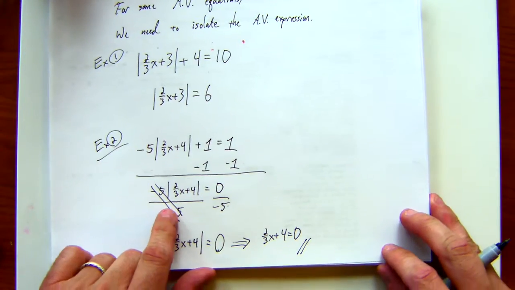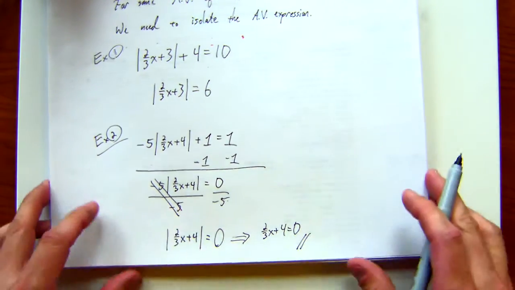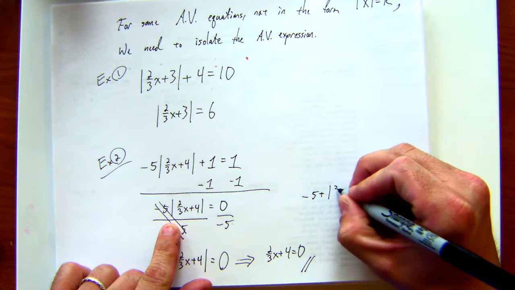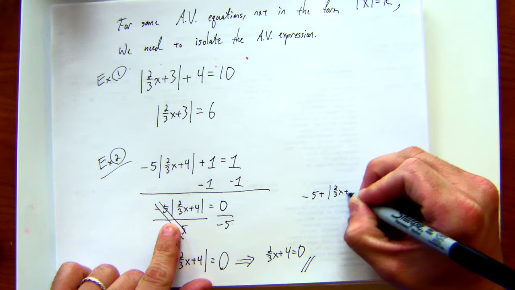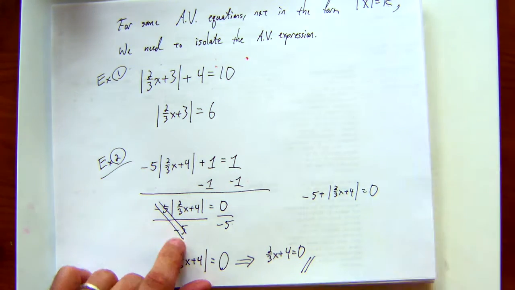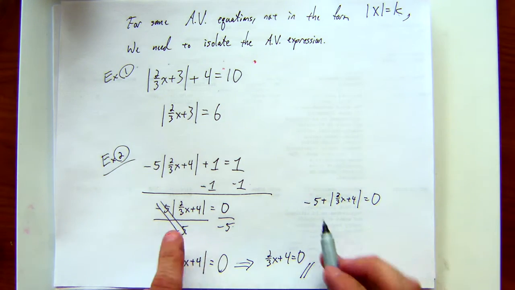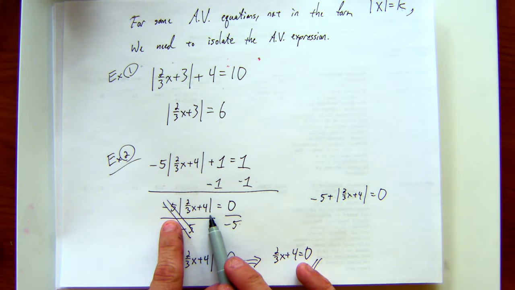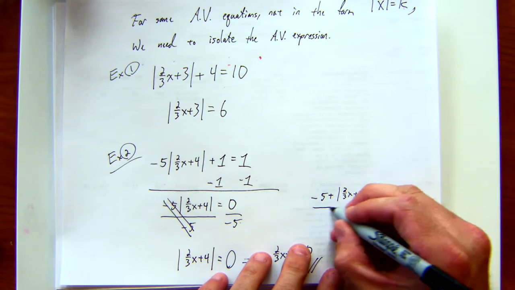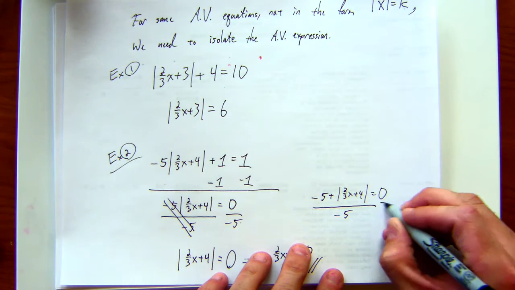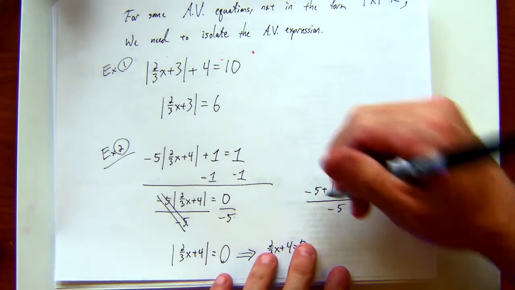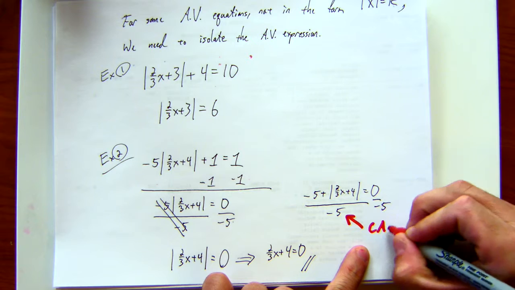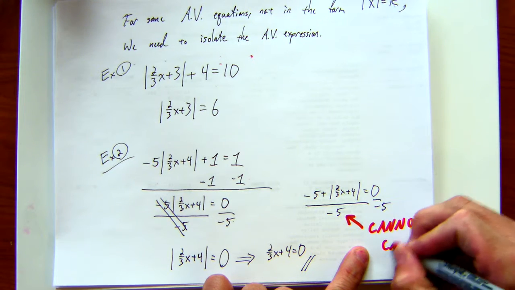Let me show you an example of what I was talking about. Suppose I had negative 5 plus the absolute value of 2/3 x plus 4 is equal to 0. Notice how similar this looks to the example I just did. If I divide by negative 5, I cannot cancel here.